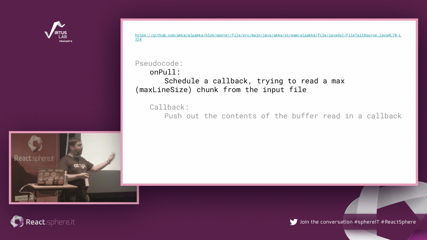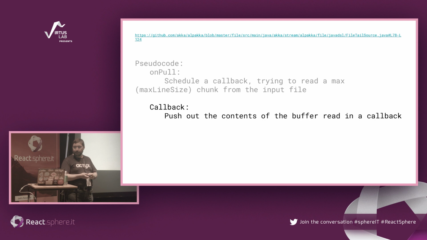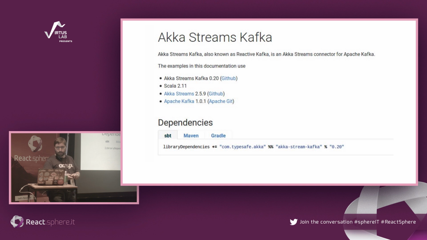So you basically schedule a callback, try to get the max line size, and then this callback will push out the contents of the buffer read in a callback. So pretty much similar to the Cassandra stuff. So we have a buffer of maximal size, max line size, and this is what we are bounded on. All right, so far so good.